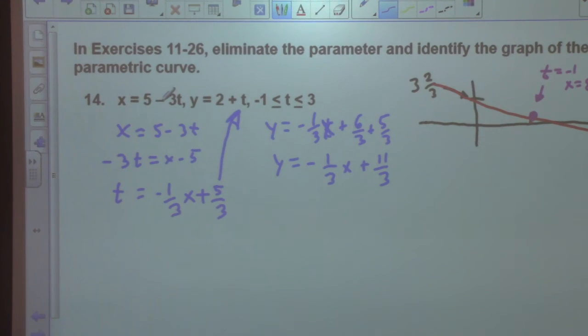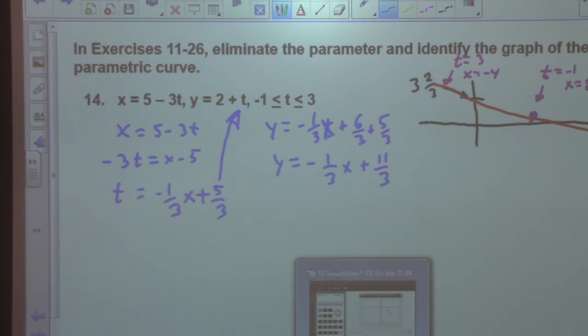Five minus 3 times 3? 9, -4. So over here, we're going to have t equals 3, and x equals -4. And then we can test this out in the calculator, right?